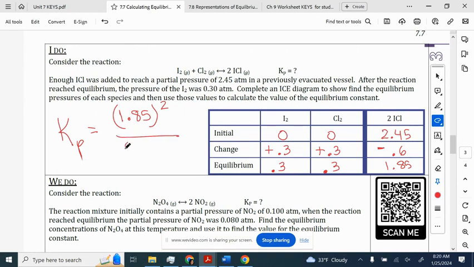That's going to be over 0.3 times 0.3. And I should end up with a Kp value of, anybody? 308.